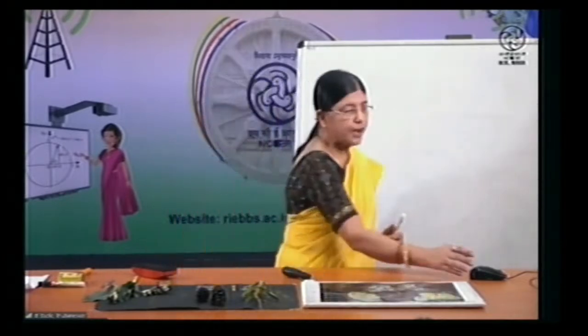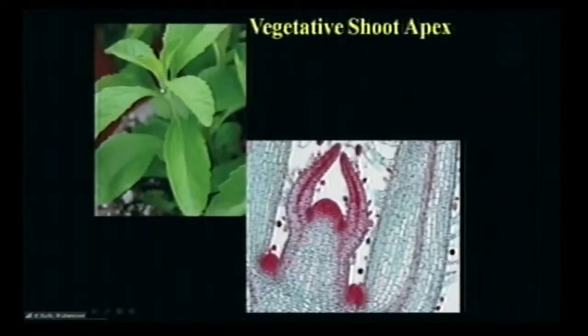You know that the plant is growing, as you find in this case, this is the vegetative apex. It grows and gives rise to leaves and increases the height of the plant. When it is longitudinally cut and observed under the microscope, this is the anatomical structure of the vegetative apex.